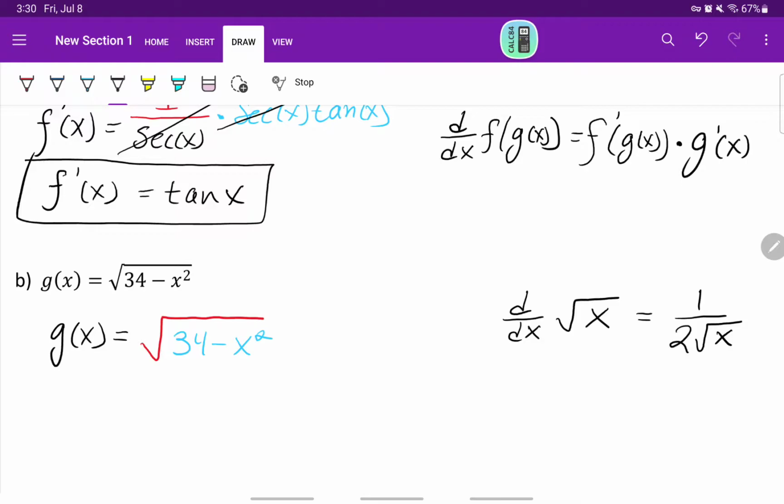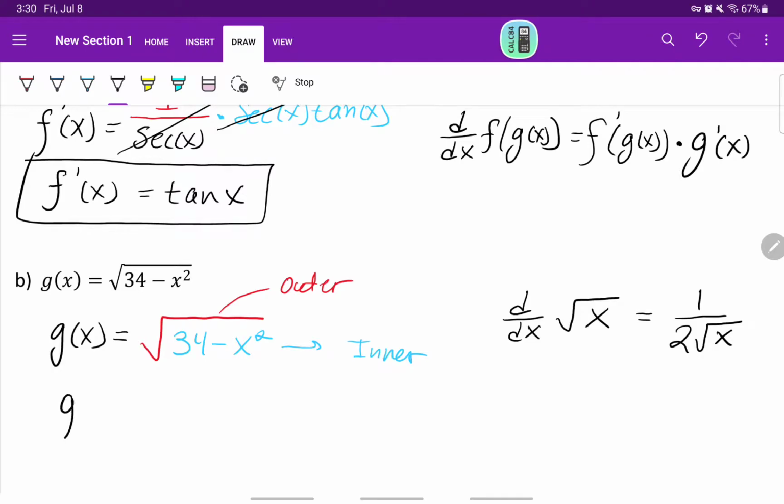But because we have a function that is inside of the square root of x, we must follow the chain rule. The outer function is the square root. The inner function is the 34 minus x squared.